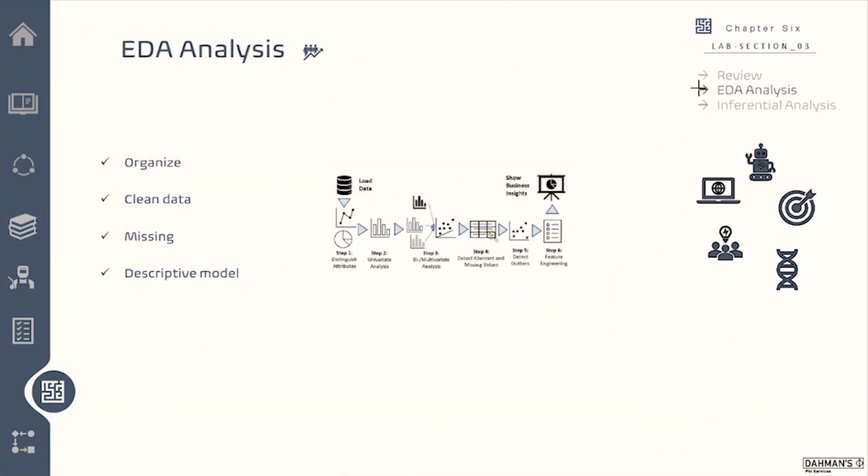Now, in the next step, we shall be looking at the EDA, or exploratory data analysis, which involves the last step of pillar 1, where we prepare the data, and the focus of pillar 2, where we do the univariate, bivariate, and multivariate analysis. So we're going to look at organizing, cleaning, and handling missing data from pillar 1, and then we create the descriptive model as pillar 2.